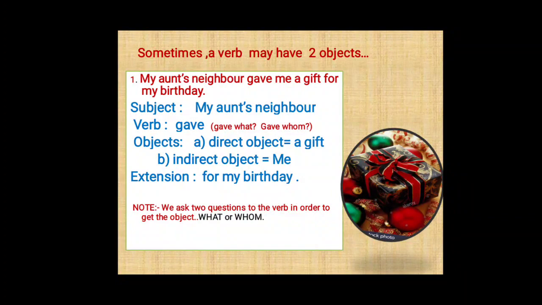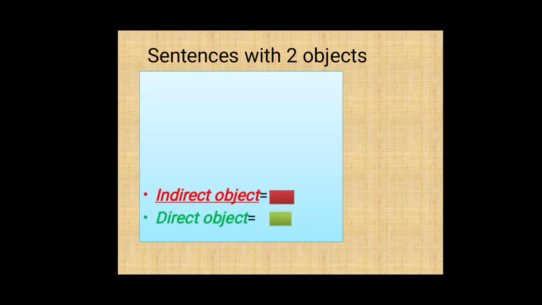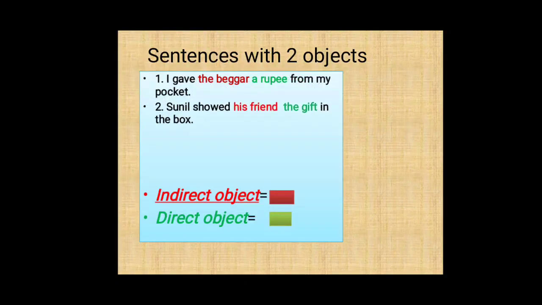Please note, we ask two questions to the verb in order to get the objects. What or whom? Accordingly, one is the direct object and the other is the indirect object. Let's take some more examples with two objects in a sentence. I gave the beggar a rupee from my pocket. Sunil showed his friend the gift in the box.